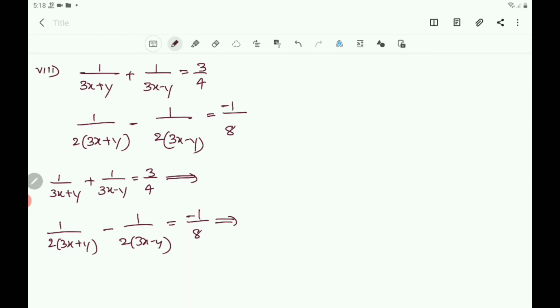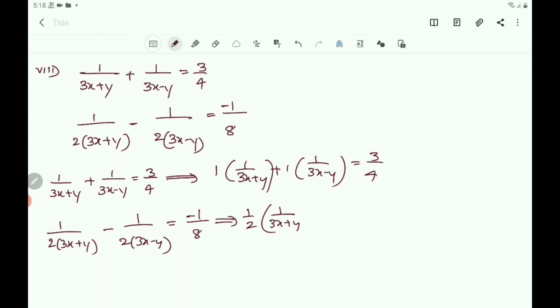This implies you can write 1 into 1 by (3x plus y) plus 1 into 1 by (3x minus y) equals 3 by 4. For convenience, it becomes 1 by 2 into 1 by (3x plus y) minus 1 by 2 into 1 by (3x minus y) equals minus 1 by 8.